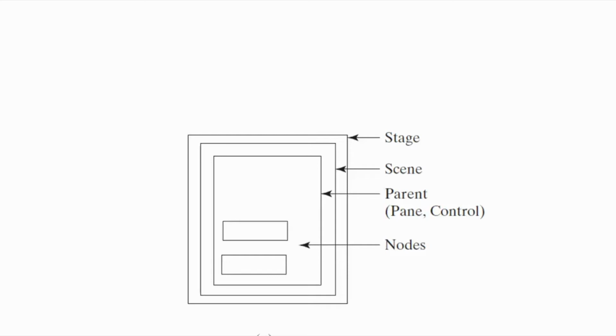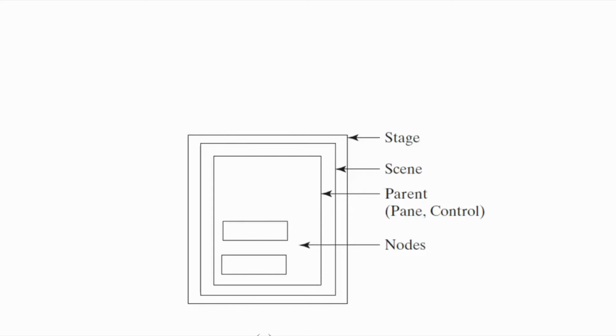As you see in this diagram, the parent will be represented as a pane or a control, and the pane is where you will add your controls, your buttons, your text boxes, and labels and so on.